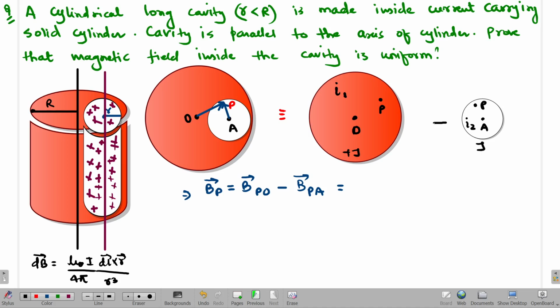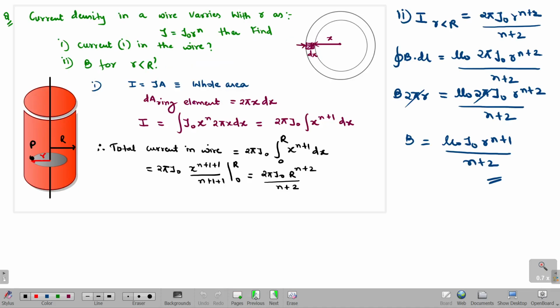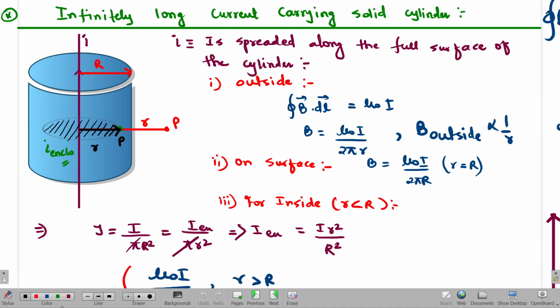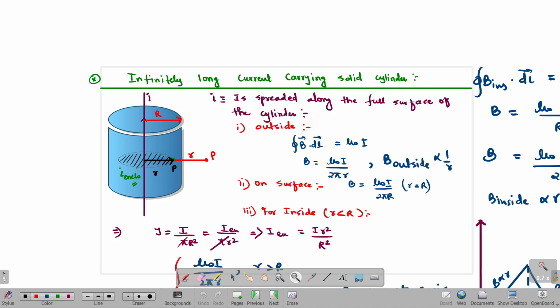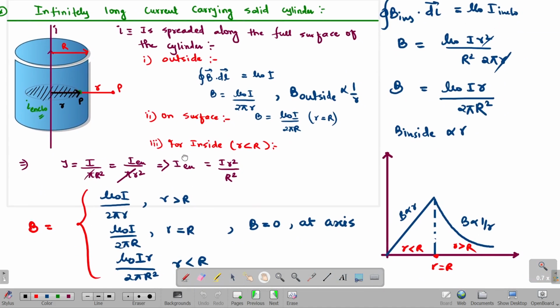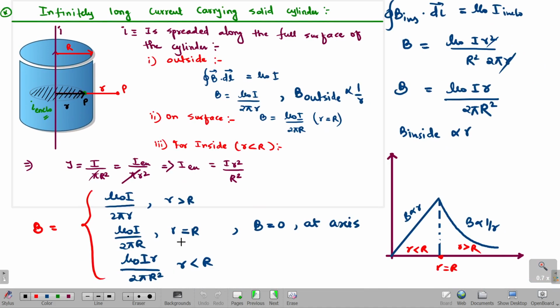Now, current density includes the area. If I write for a solid cylinder, when the point is inside, the magnetic field is mu naught I r by 2 pi R square.